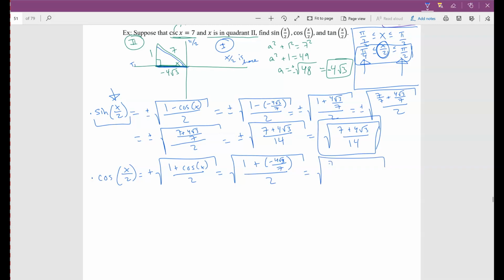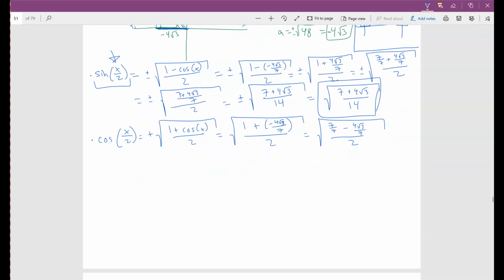So this is going to be 7 over 7 minus 4 square root of 3 over 7, divided by 2. And this is going to give me the square root of 7 minus 4 square root of 3 over 7, divided by 2, which gives me the square root of 7 minus 4 square root of 3 divided by 14. Okay, so this will be my final answer for cosine of x over 2.